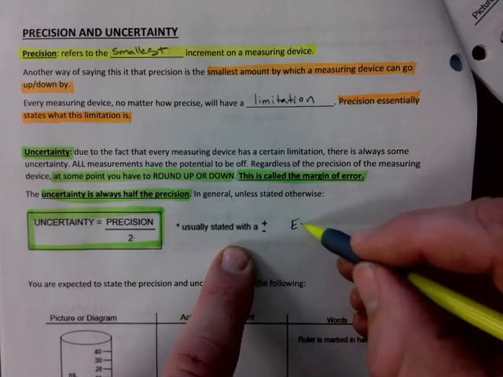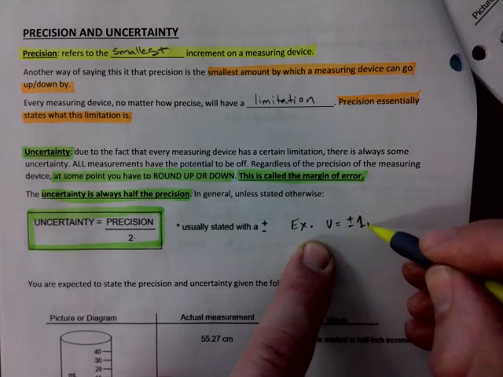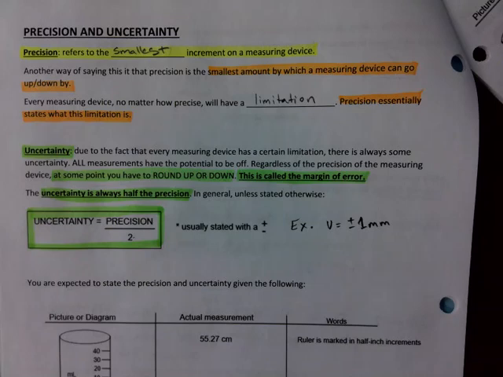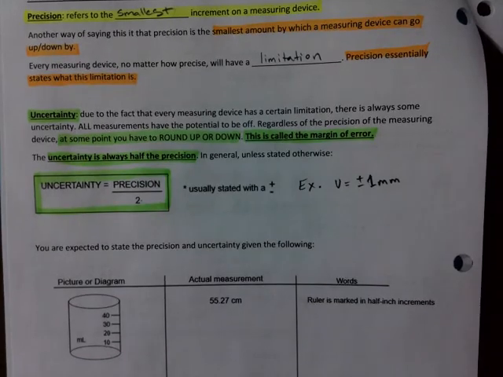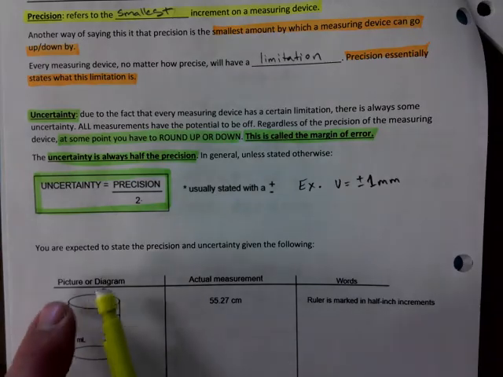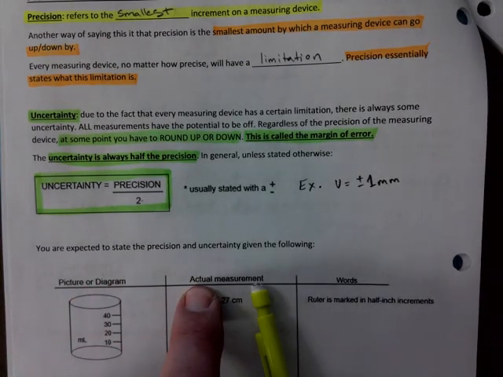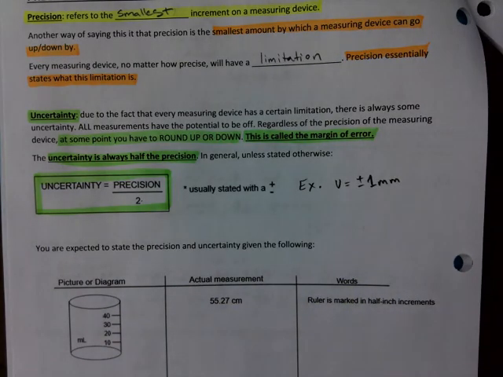So for example, the uncertainty could be plus or minus 1 millimeter, meaning whatever you measured, you could be off by a millimeter. It could be bigger or smaller than what you measured. You're expected to state the precision and the measurement given a picture, an actual measurement, or words. They could give you any of these and you should be able to come up with the precision and the uncertainty.